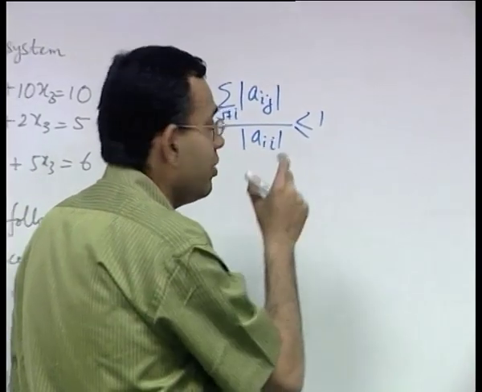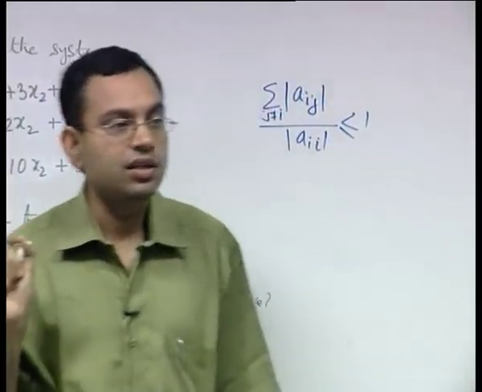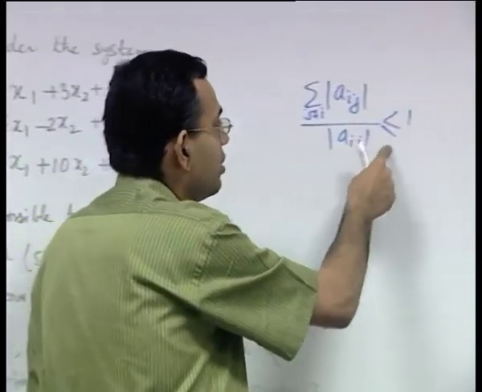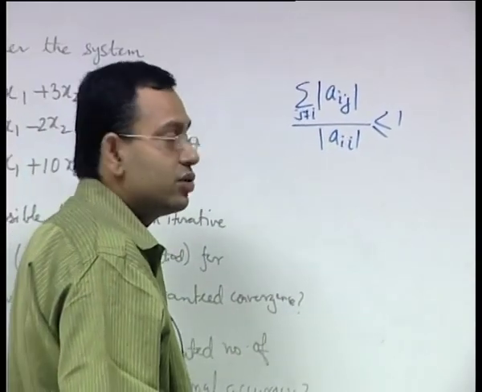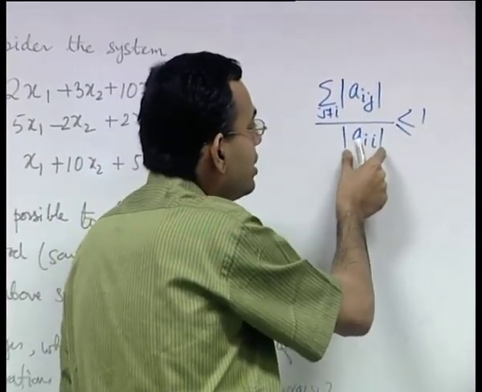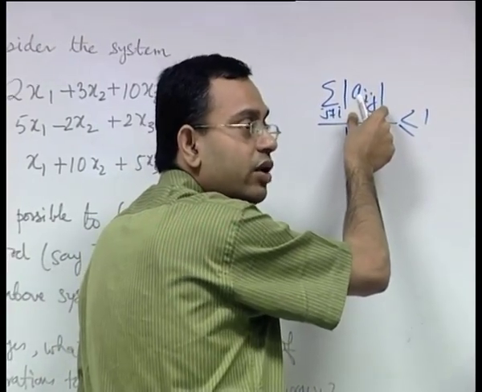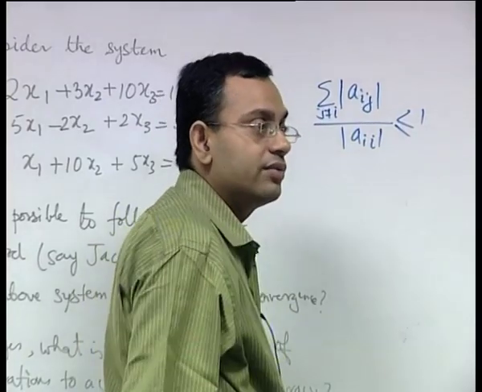If you are given two choices, one a small diagonal coefficient, another a large diagonal coefficient, which one would you prefer for satisfying this? Large diagonal coefficient. If it is a large diagonal coefficient, then that can outweigh the sum of the magnitudes of the off diagonal coefficients, so that this is constrained to be less than 1.